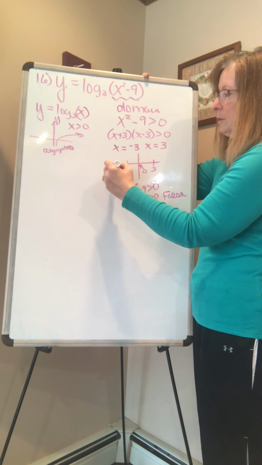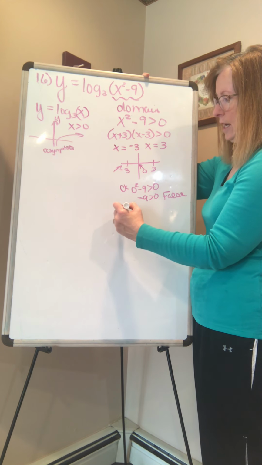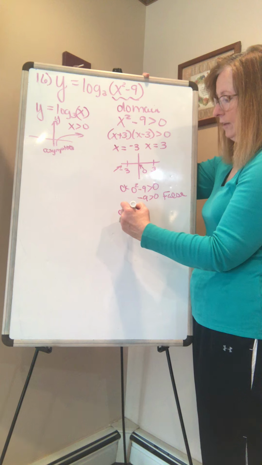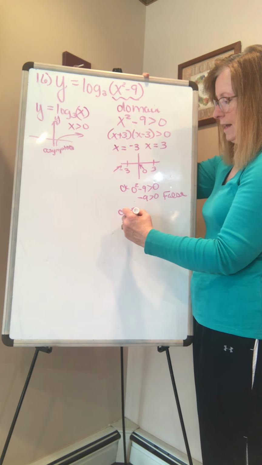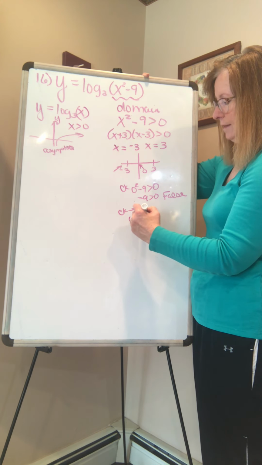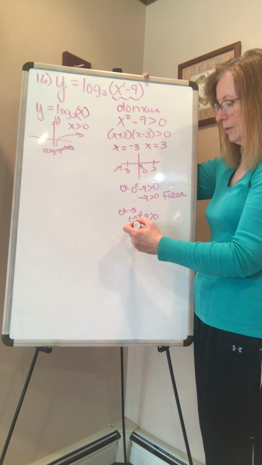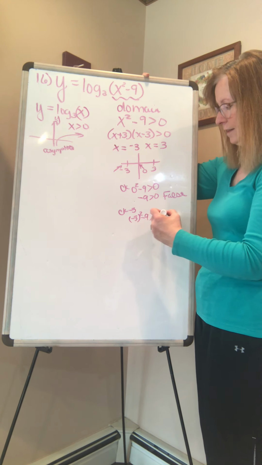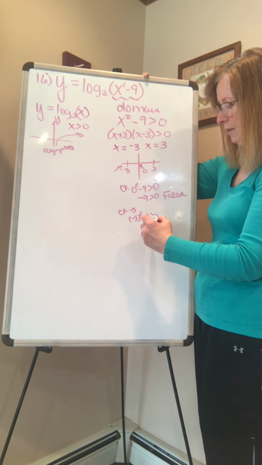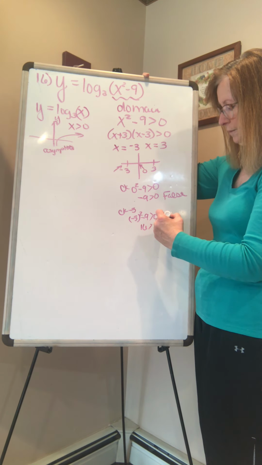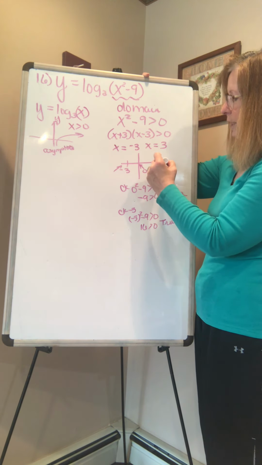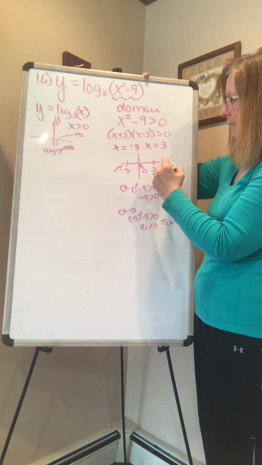So you could say, all right, let me try back here. Let me check negative 5, let's say. And negative 5 squared minus 9, is this greater than 0? Well, that's 25 minus 9, you get 16, which is greater than 0. This is true. And you can check back here at 5.